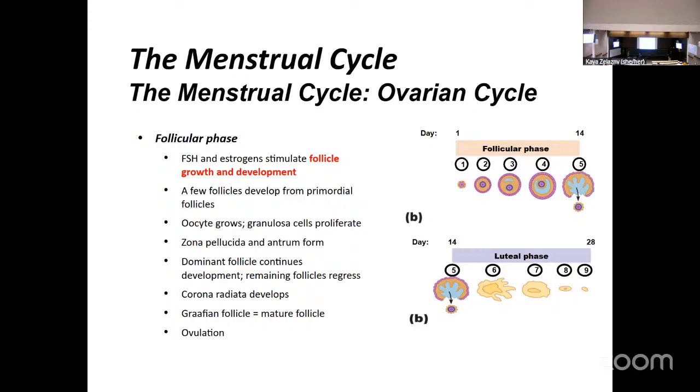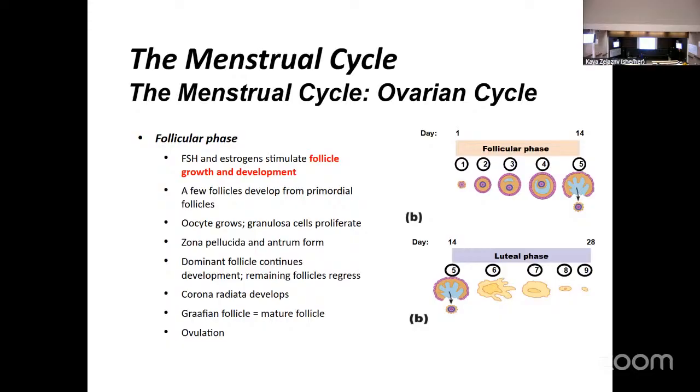So we're going to have a new region that we refer to as the zona pellucida, and a region we refer to as the antrum forming around the oocyte and within those granulosa cells. We'll take a more detailed look at a picture with labels in a little bit. But we're going to have multiple follicles continuing to develop during these early parts of the follicular phase.